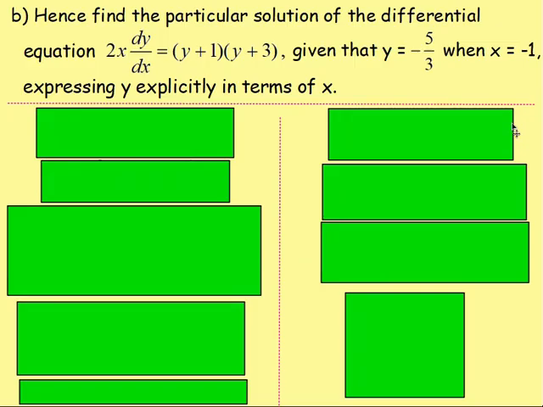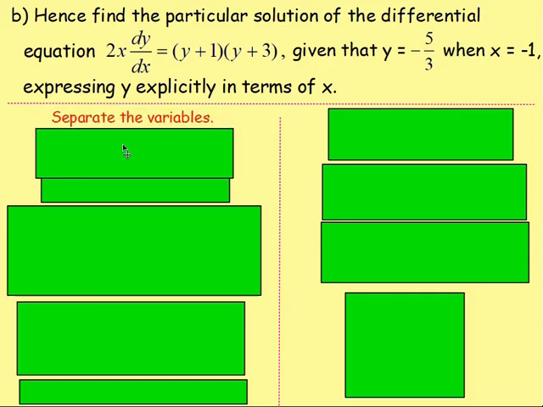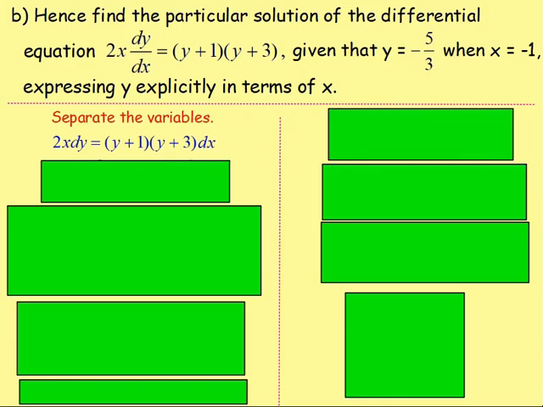Moving on to part B, hence find the particular solution of the differential equation 2x dy/dx equals (y + 1)(y + 3), given that, well, we know x and we know y. So where do we go from there? Well, if we're wanting to solve a differential equation of this form, we will separate the variables. I would start off by multiplying both sides by dx. So we have 2x dy equals (y + 1)(y + 3) dx.